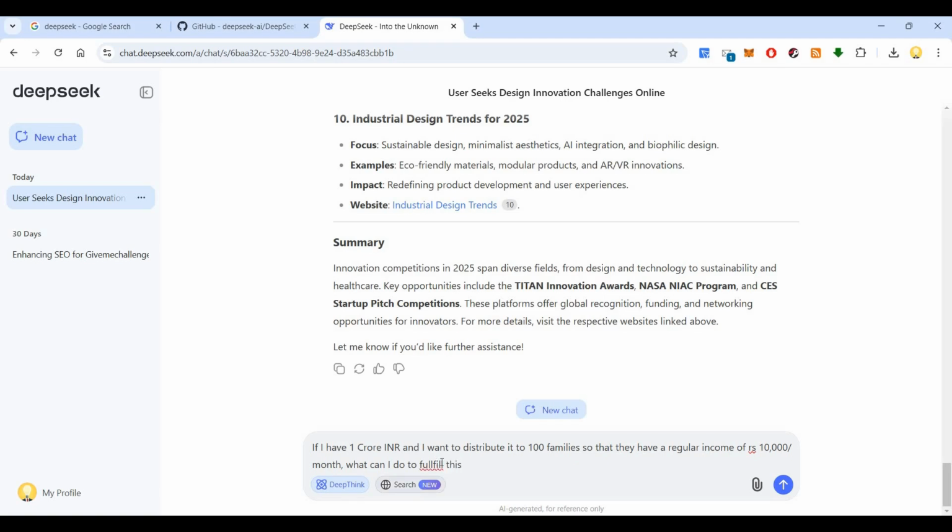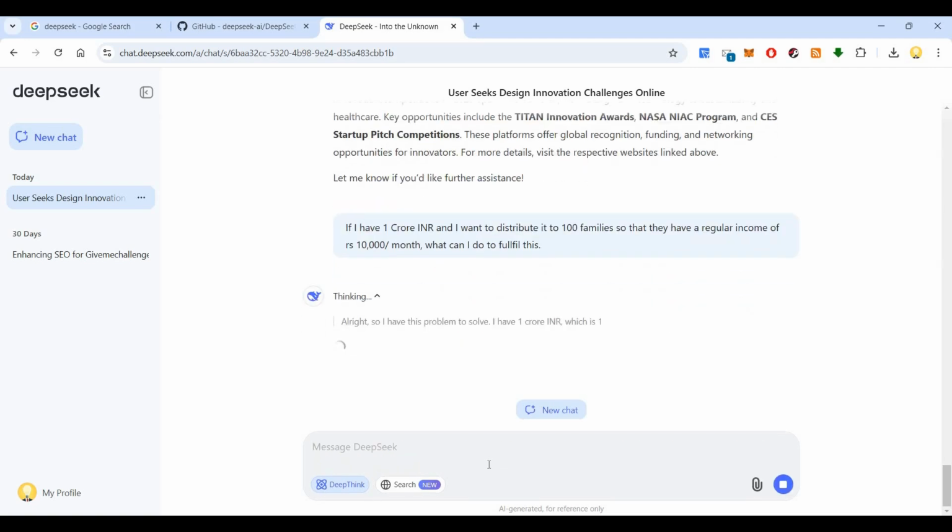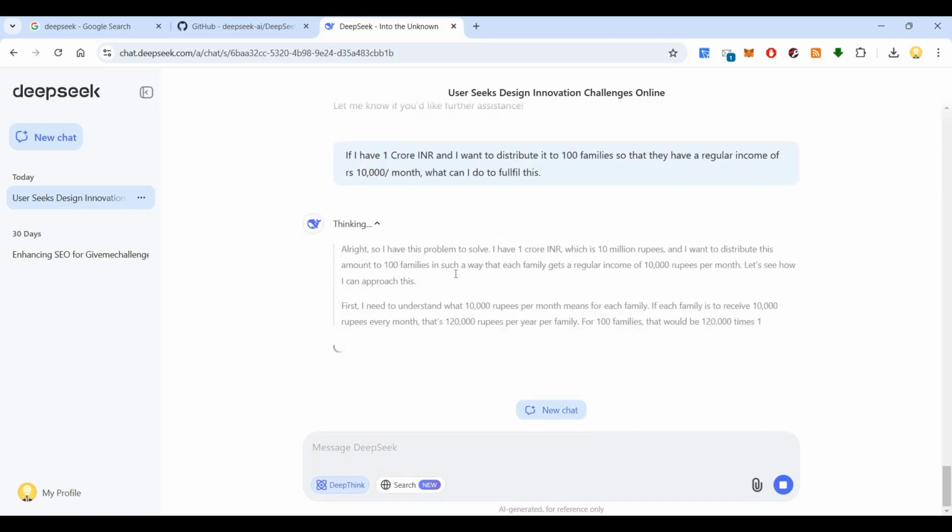Okay, so I'm asking it a question that is deep reasoning. If I have 1 crore INR and I want to distribute it to 100 families so that they have a regular income of rupees 10,000 per month, what can I do to fulfill this? Let's ask one question like this.